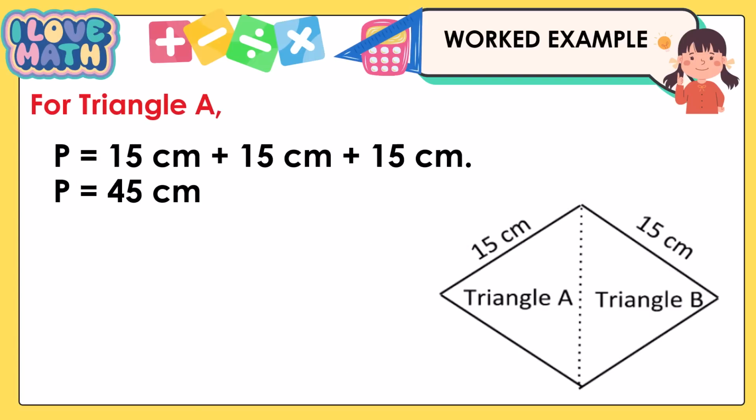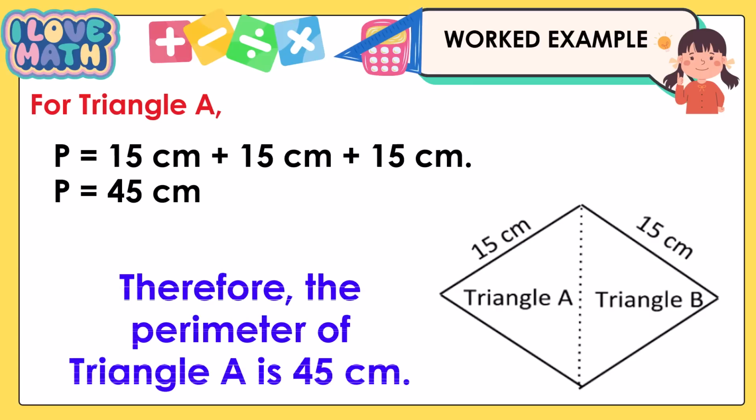For triangle A, P equals 15 centimeters plus 15 centimeters plus 15 centimeters. P is equal to 45 centimeters. Therefore, the perimeter of triangle A is equal to 45 centimeters.